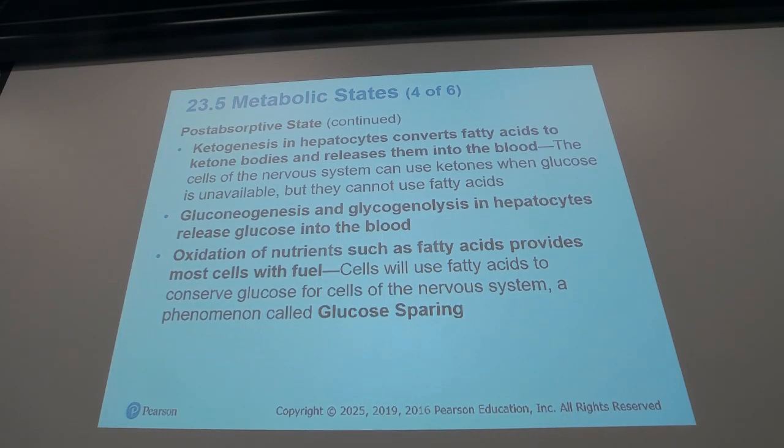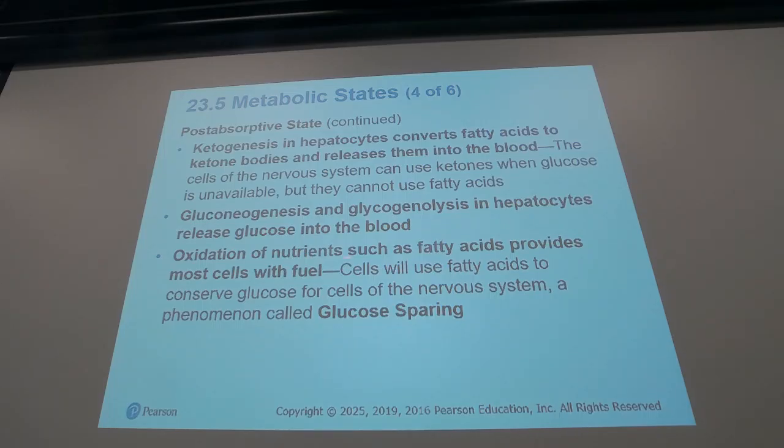And again, remember, ketone bodies can be used by the brain cells as a desperate measure to obtain energy, but it won't be happy. Actually, the person who's in ketogenesis will be a little bit disoriented, because that's not the usual food for the brain.